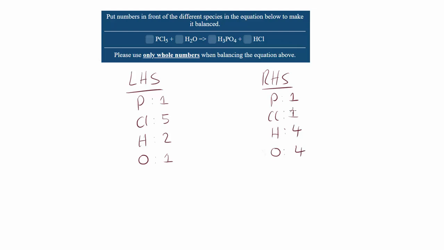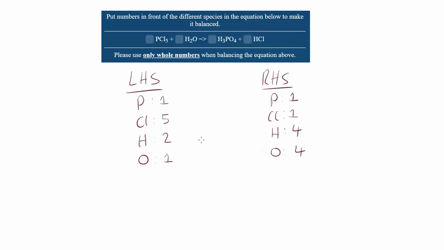And the hydrogen and the oxygen also are not balanced. I'm going to focus my attention first of all on the chlorine. We've got 5 times as much chlorine right now on the left hand side compared to the right hand side, and the only place where chlorine occurs on the right hand side is in the HCl, right?